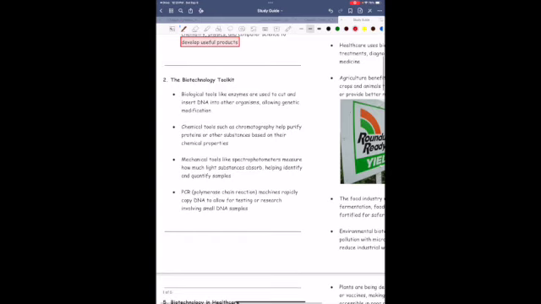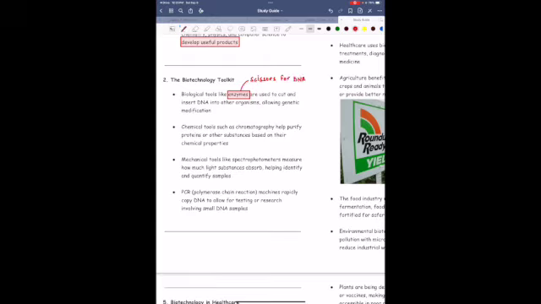So what are the types of things used in biotechnology? The first one is going to be enzymes. Remember, enzymes are a type of protein, and you could think of these as molecular scissors for DNA.